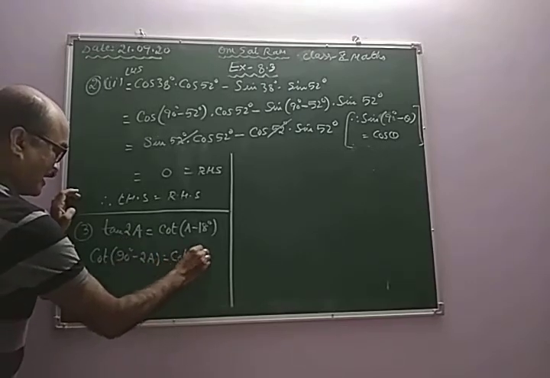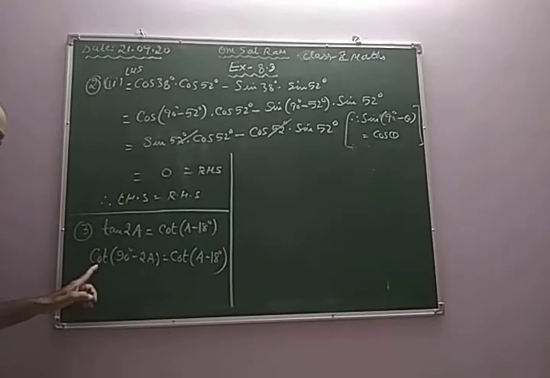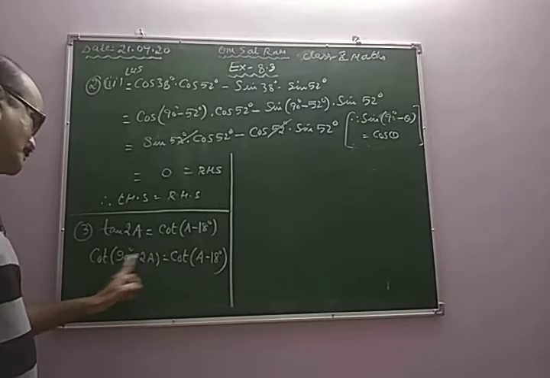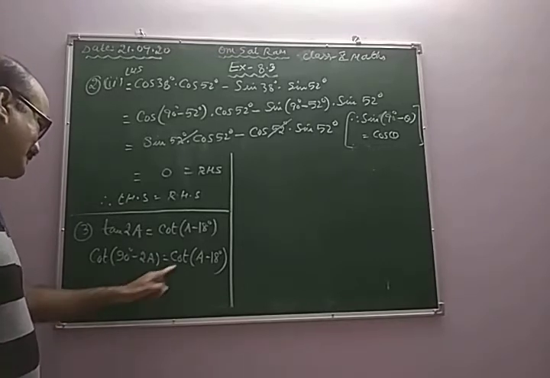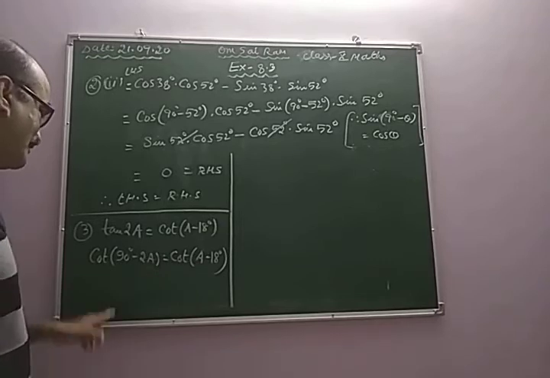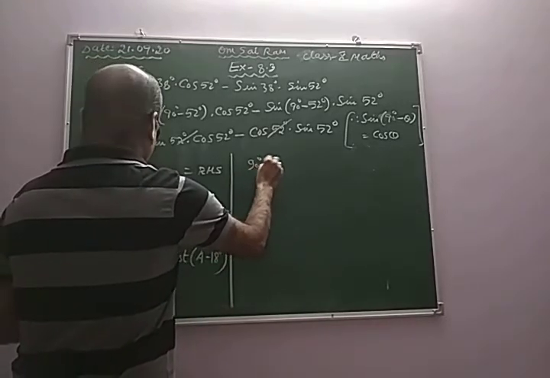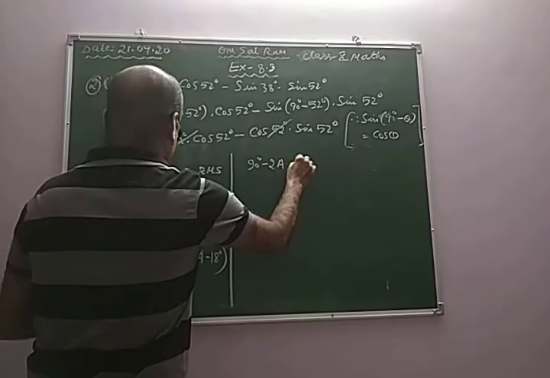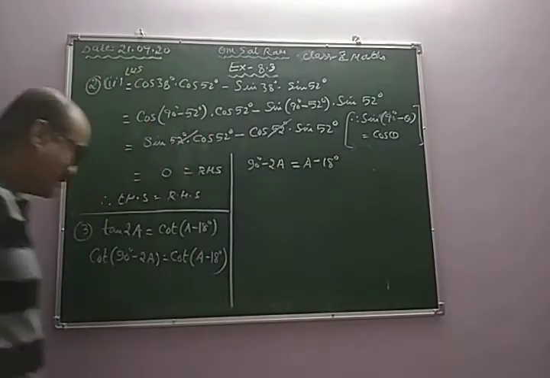And here cot (A minus 18 degree) will remain as it is. So on both sides cot of an angle is there, so we can cancel it. So what will remain? 90 degree minus 2A is equal to A minus 18 degree, right?